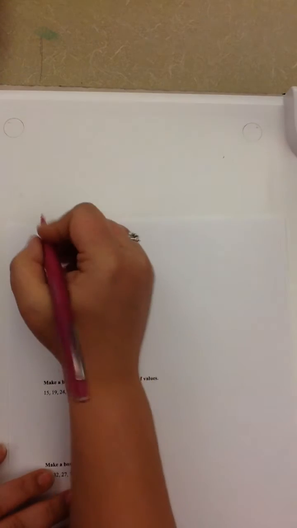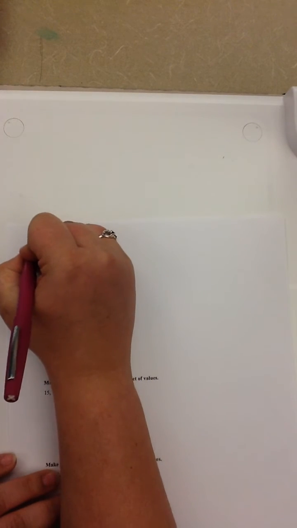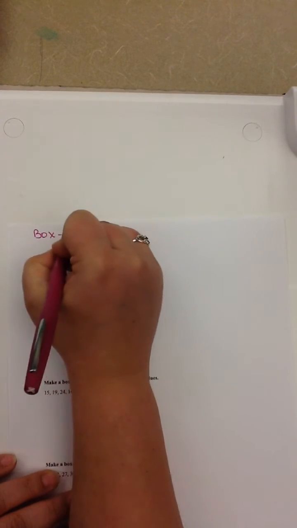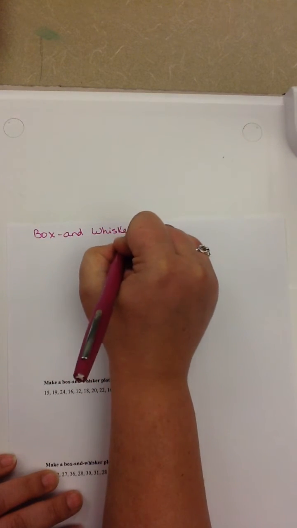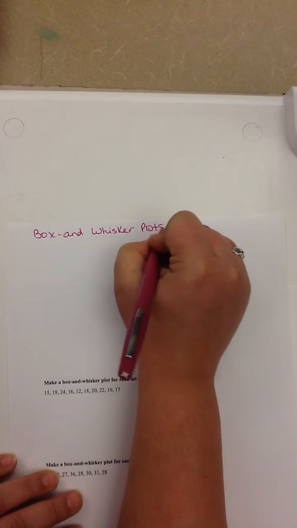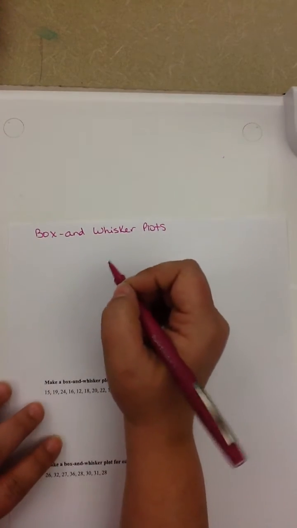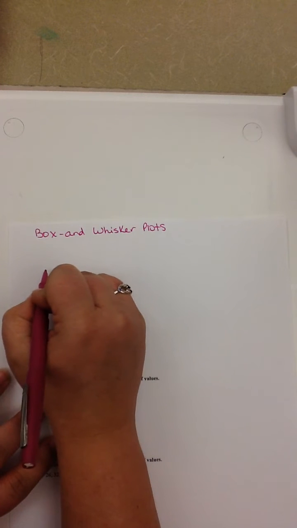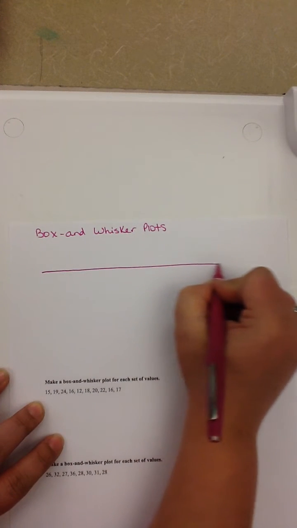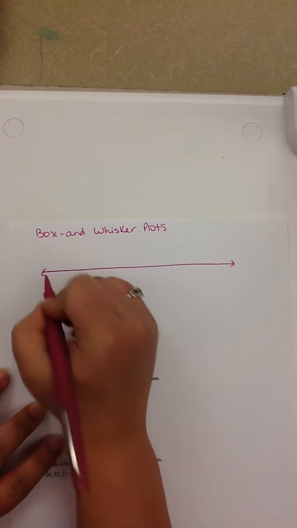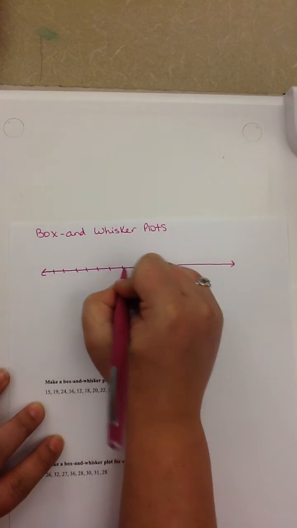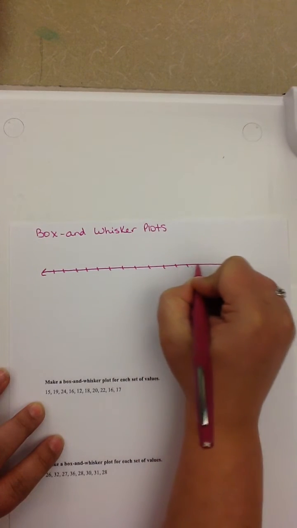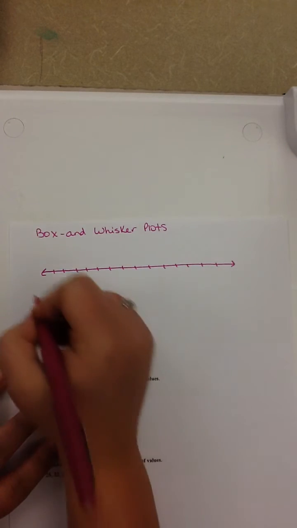So what we're going to do next is learn about box and whisker plots. And I think you may have seen these before also. So for a box and whisker plot, first you will have a number line, like such.